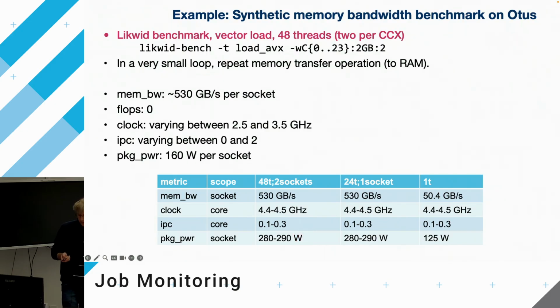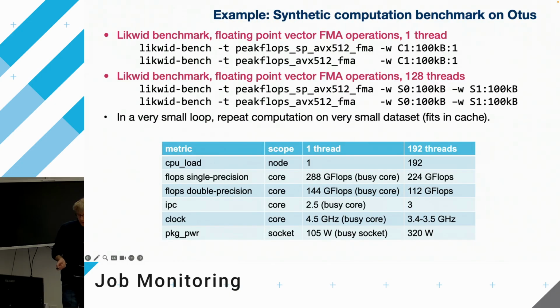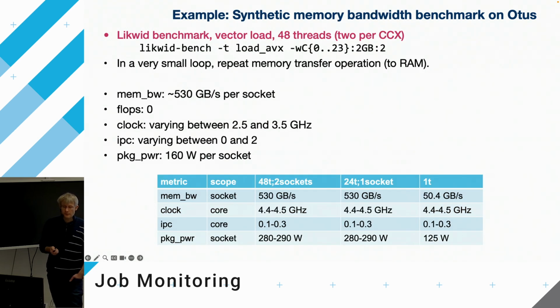We can compare these 290 watts per socket with 320, and we see that the kind of instructions that you're executing has an impact on how the CPU is operating.